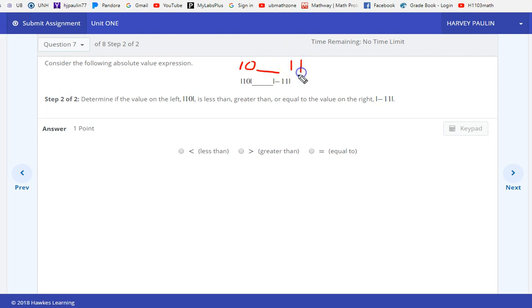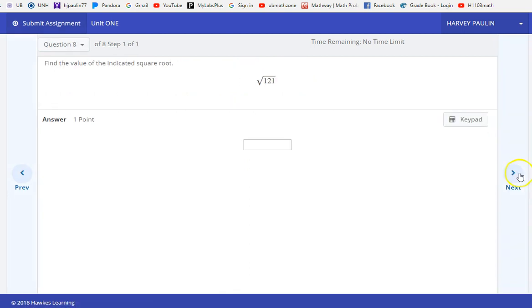It's positive value. So what symbol are you going to put in there? Is 10 less than? Is 10 greater than? Or is 10 equal to? Well, hopefully, you're going to do like I do, and you're going to say 10 is less than 11. And we click on that and get our next answer.